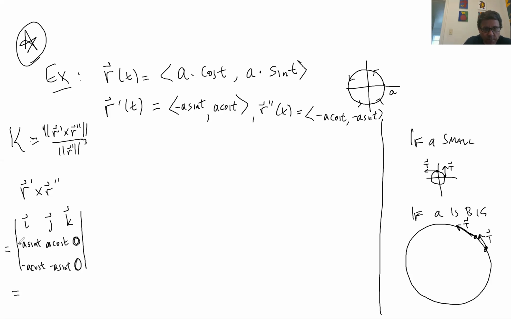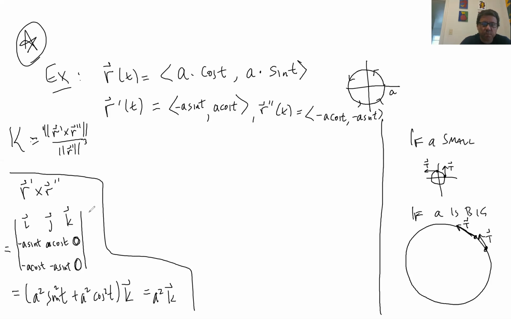And if you do this little subdeterminant, we get a squared sine squared t, plus a squared cosine squared in the k component, which is just a squared in the k component. So that's pretty nice. There's the r prime cross r double prime that we're going to take the length of in a second.